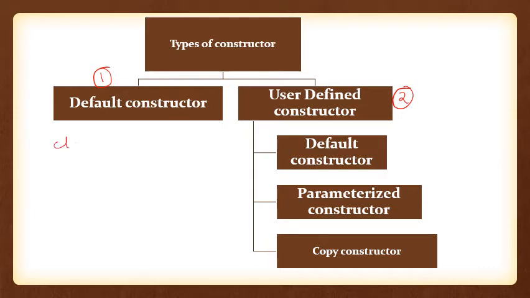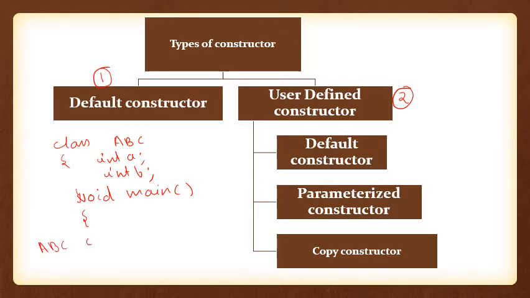For example, here is a class ABC, with int A and int B. After that, void main, creation of object, that is ABC OB equal to new ABC.